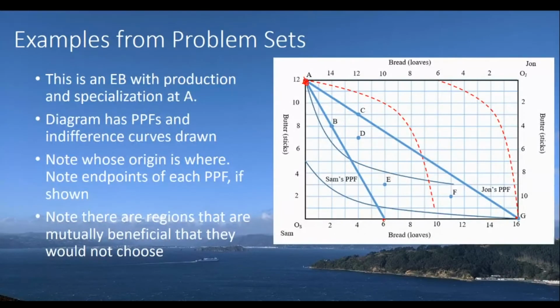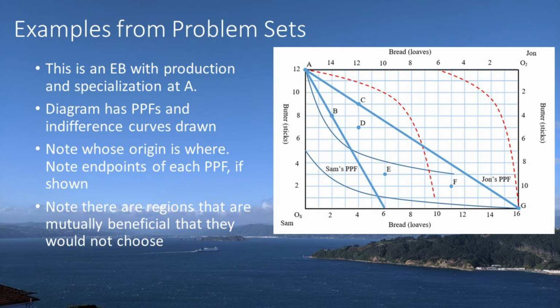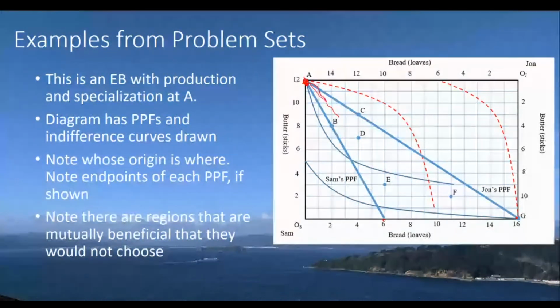If they specialize at a point like A, their trading ratio, their terms of trade, is always going to be in between. Slope is going to be in between the slopes of their two PPFs. Sam, as an example, would never be willing to trade to a point like this.